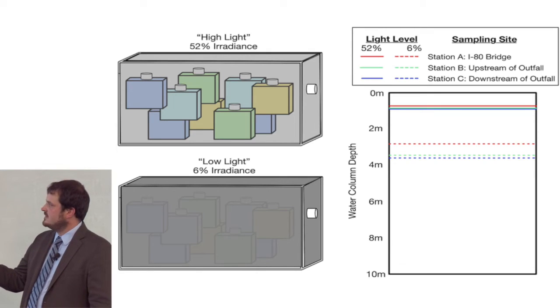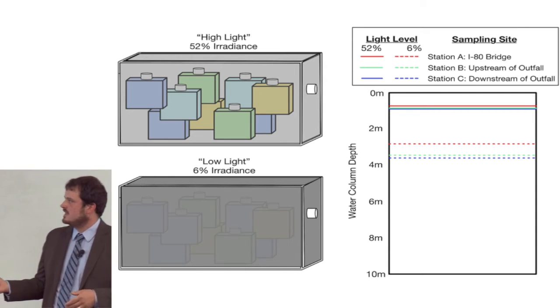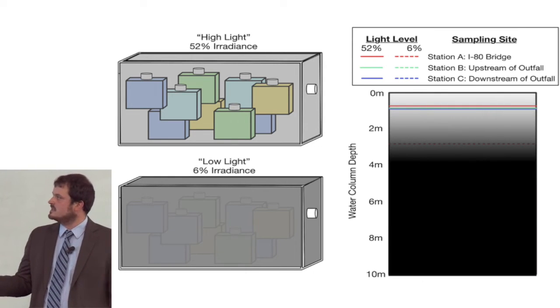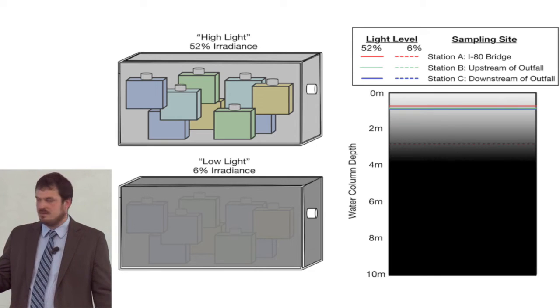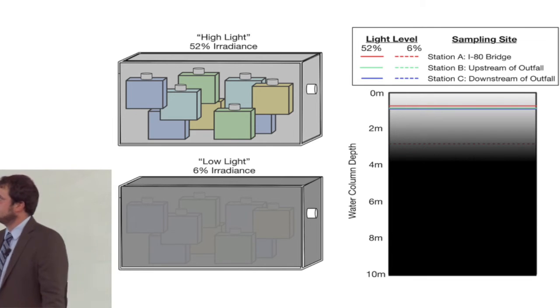And 95% of the light is gone before you get to 4 meters down. So this is kind of more like what the water column looks like. And this is a well-mixed water column in which phytoplankton cells are going up and down like this. So just keep that in mind when we start talking about the results.